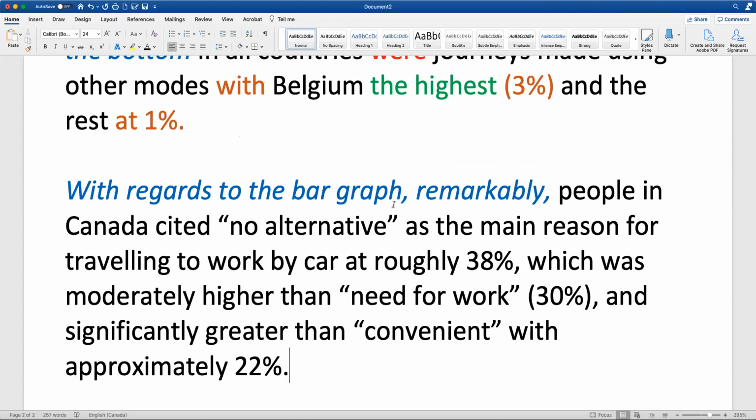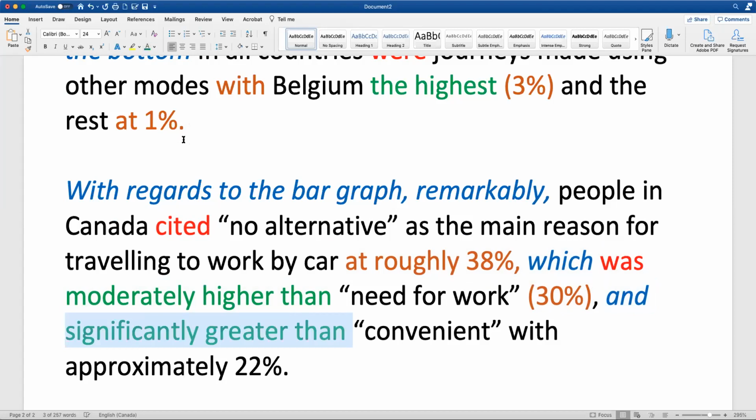Okay, so with regards to the bar graph, remarkably, people in Canada cited no alternative as the main reason for traveling to work by car at roughly 38%, which was moderately higher than, that's a comparative, need for work at 30%, and significantly greater than.